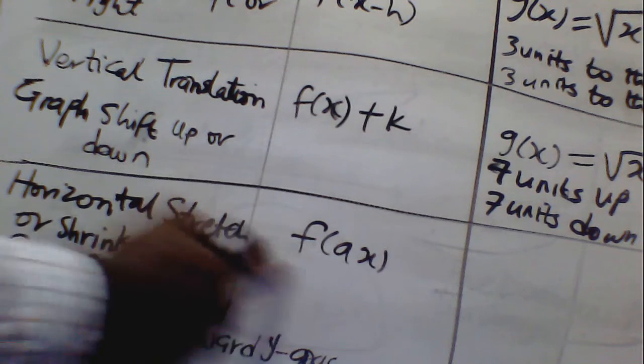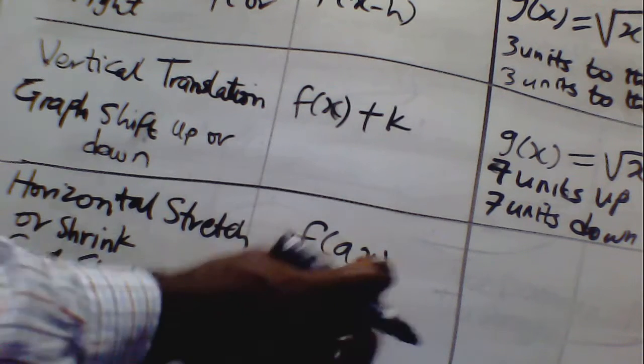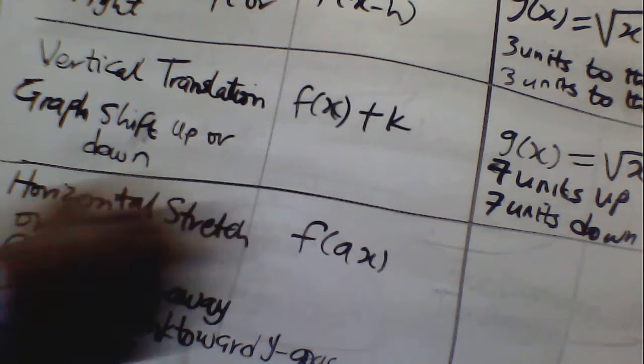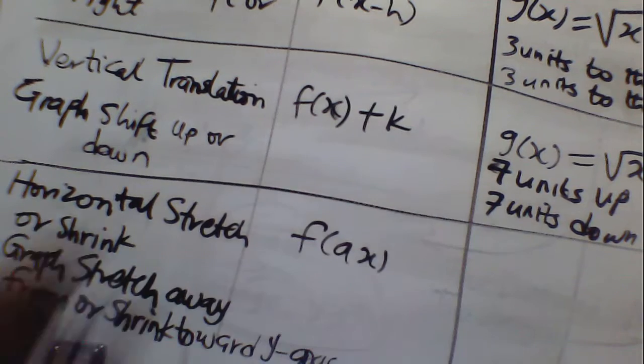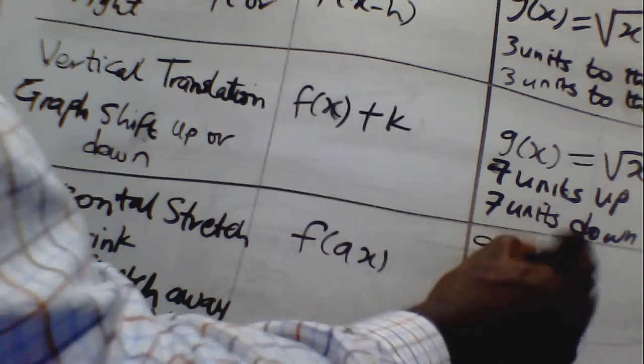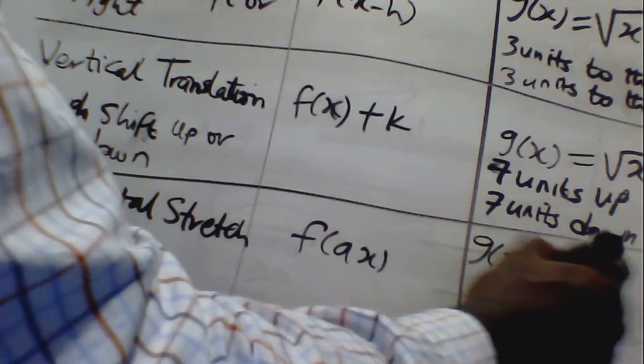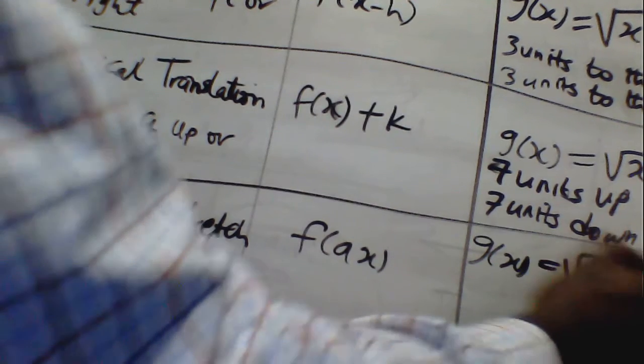This is how the horizontal stretch or shrink looks like. It's always a closed function. In this case, hope you are following, g of x is equal to the square root of 3x, always a closed function.